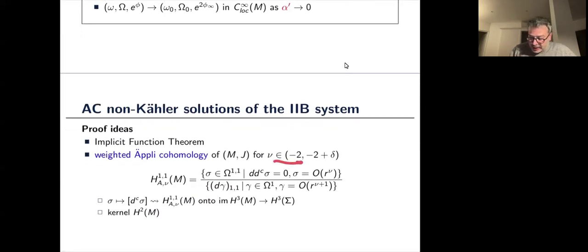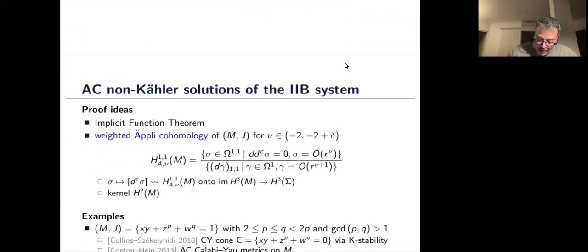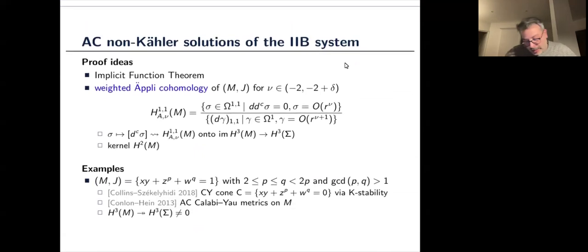If nu is larger than -2, but sufficiently close to -2, then the weighted Aeppli cohomology is an extension of the second cohomology of my manifold by a piece that can also be understood via a cohomological term: the image of the third cohomology of my asymptotically conical manifold into the third cohomology of the boundary. Sigma is the boundary of this asymptotically conical manifold. So that's what's behind the theorem.